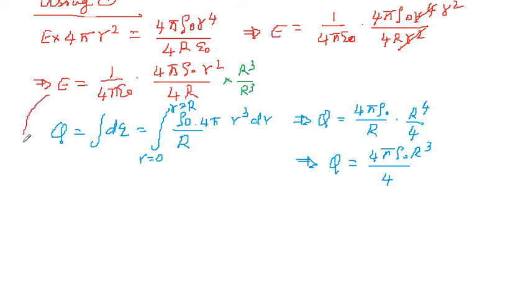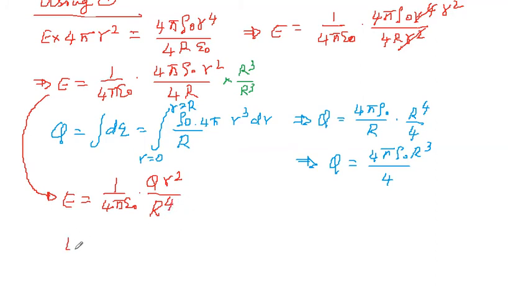So this equation will become E is equals 1 by 4 pi epsilon O into this 4 pi rho O r cube divided by 4. These things will become Q, into r square divided by this r into r cubed, that becomes r to the power 4.